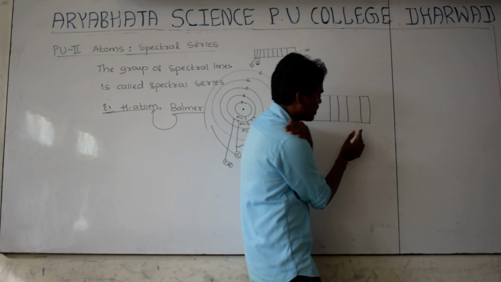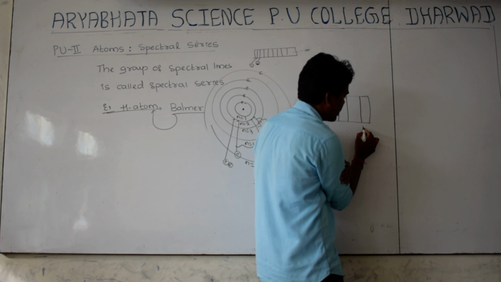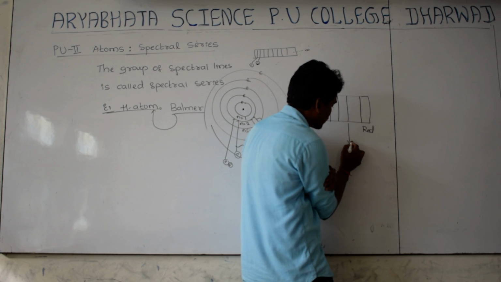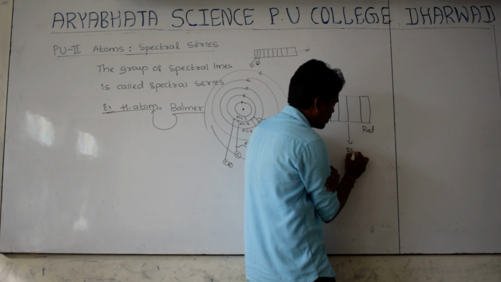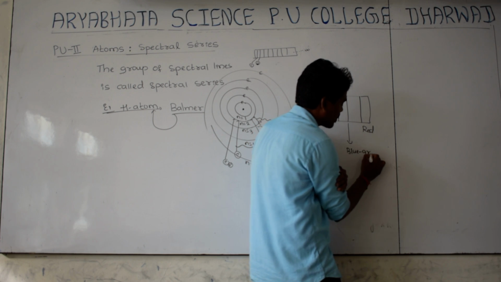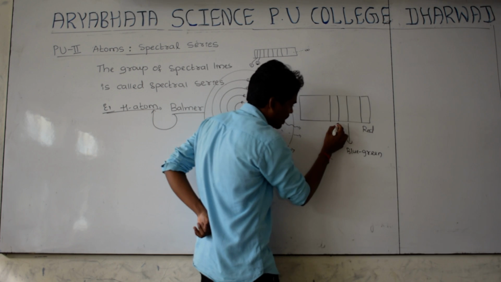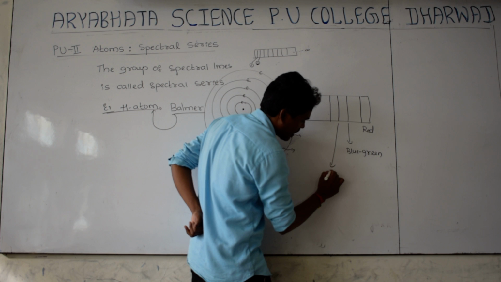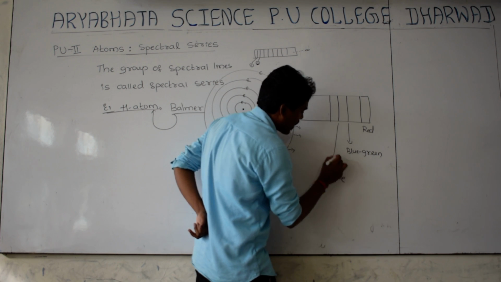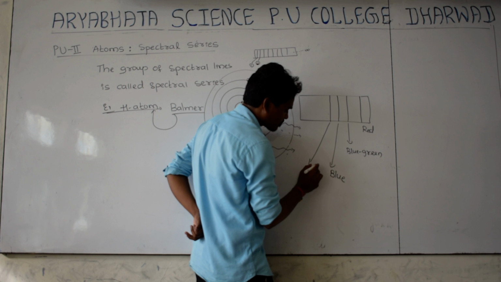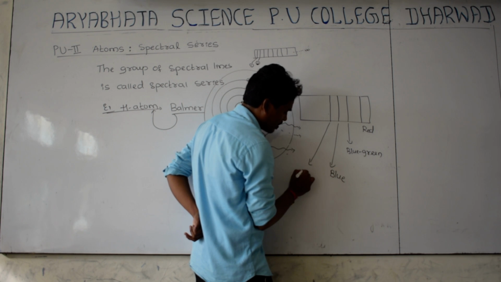The color of this line is red, this is a blue and green mix, this line is exact blue, and the color of this line is violet.